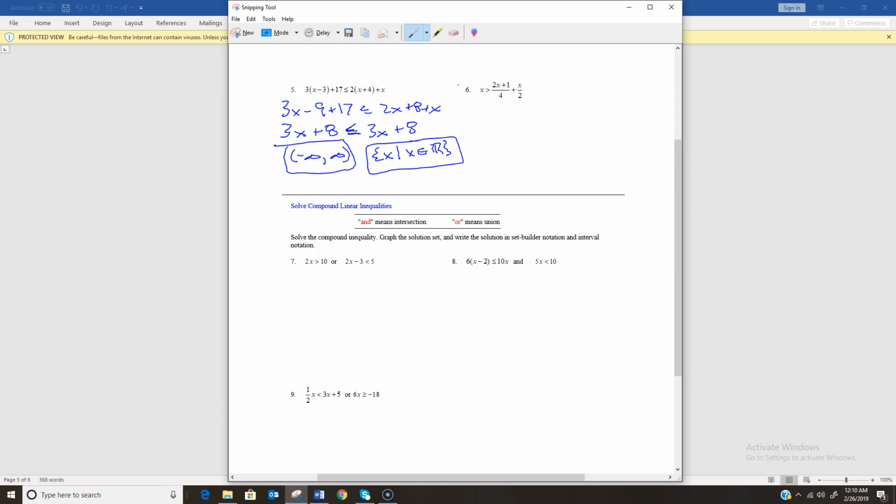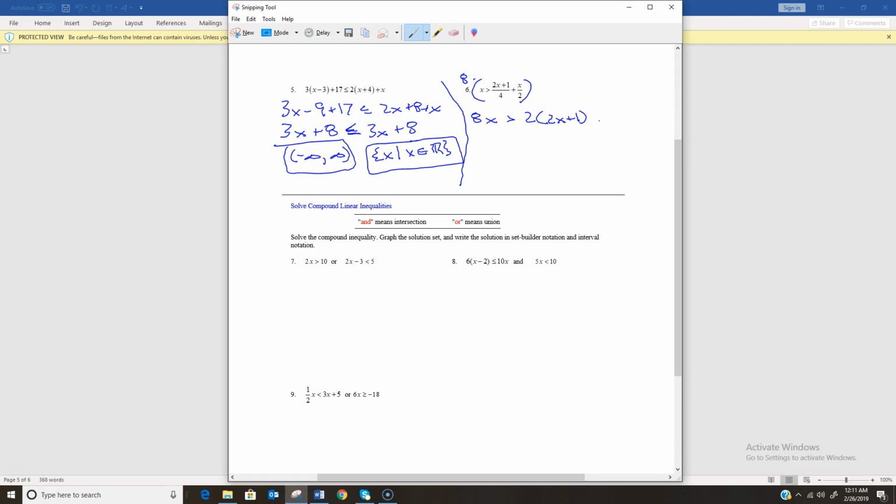This one, I believe, comes out with no solution, if I remember right. So if I multiply both sides, or everything, by 8, so I can get rid of the 4 and the 2, that'll give me an 8x on the left. And then that should be greater than 2 times 2x plus 1, because the 8 and the 4 cancel to make a 2 on the top.